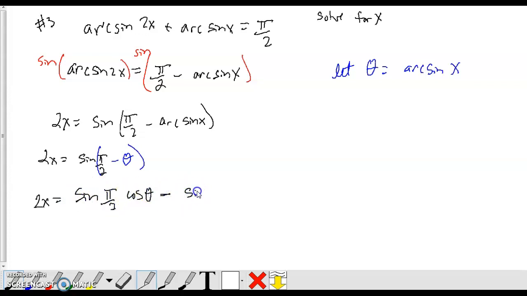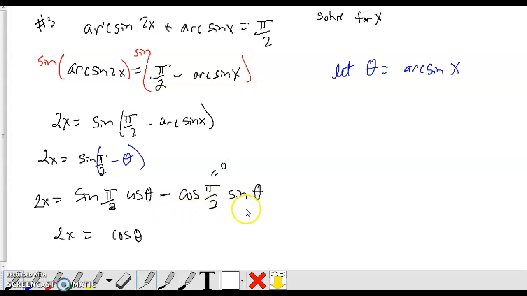Keep the sine. Replace this. Cosine of pi over 2 sine of theta. Now, sine of pi over 2 gives me 1. So essentially, I just need to know what is the cosine of theta, and then cosine of pi over 2 equals 0, so this all goes away.